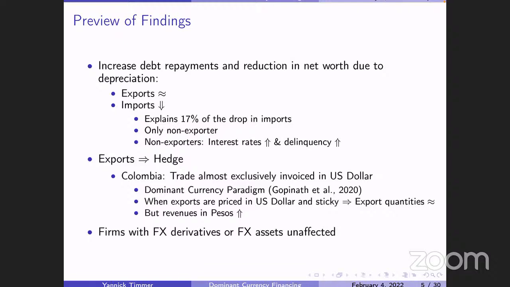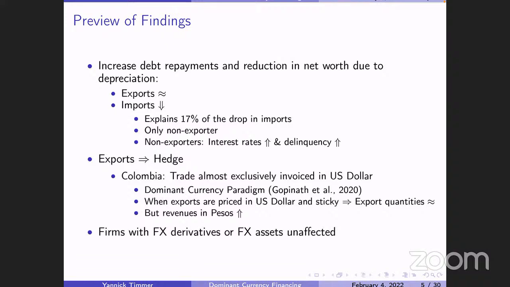So this increase in peso revenues in response to the depreciation against the dollar increases their profits, and they can use these additional revenues to pay back their debt and are not as affected by the increase in debt repayments as other firms, which then means that they are not reducing the imports and not reducing the exports.